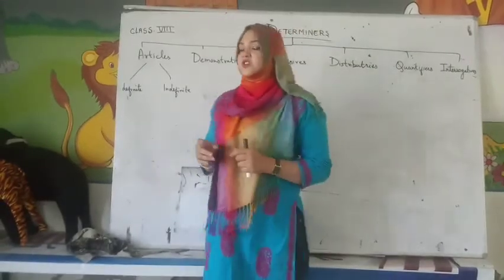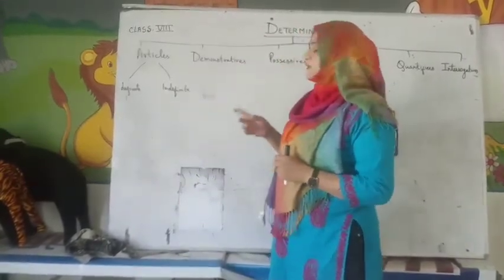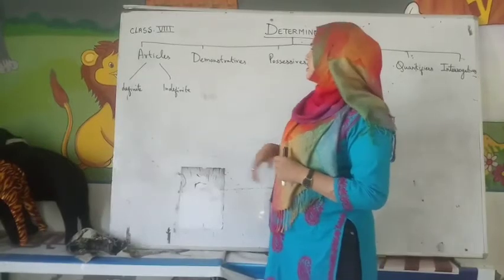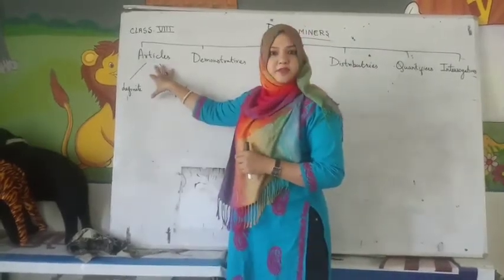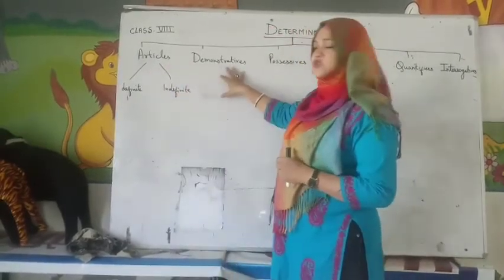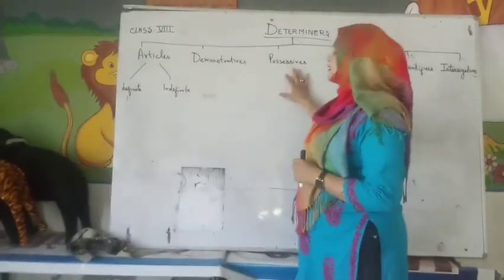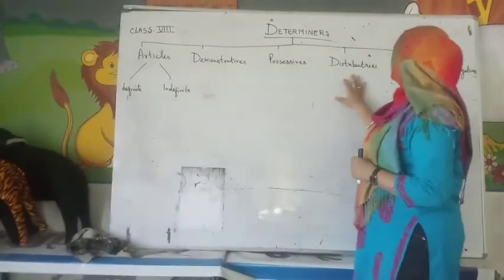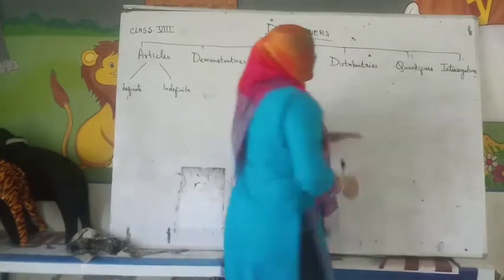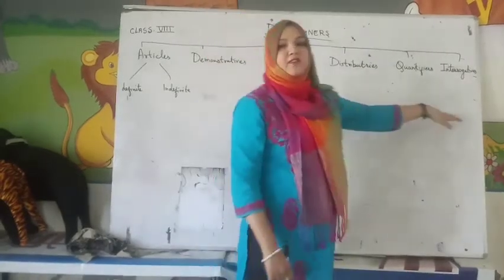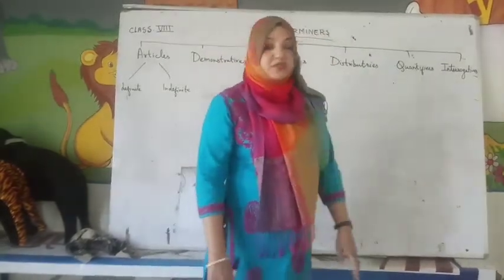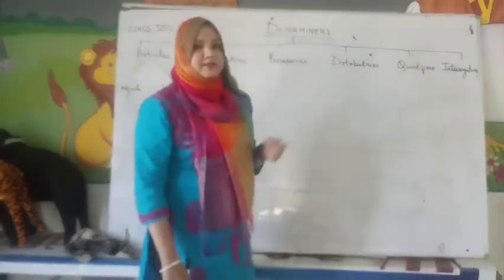Now there are 6 kinds of determiners. First, there are articles, then we have demonstratives, then possessives, then distributives, then quantifiers, and then interrogatives. Now, you should know these.